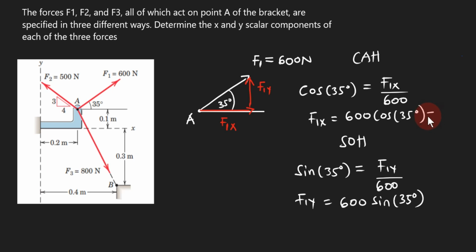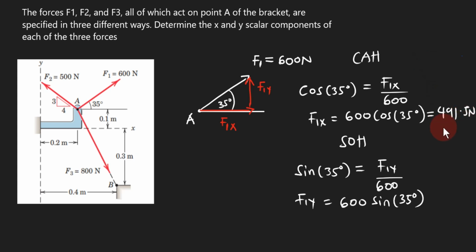So F1x, which is 600 cosine of 35 degrees, gives me... let me try this again. My calculator was set to radians, so I'll change it to degrees now. Okay, it's in degrees. So we have 491.5 newtons.